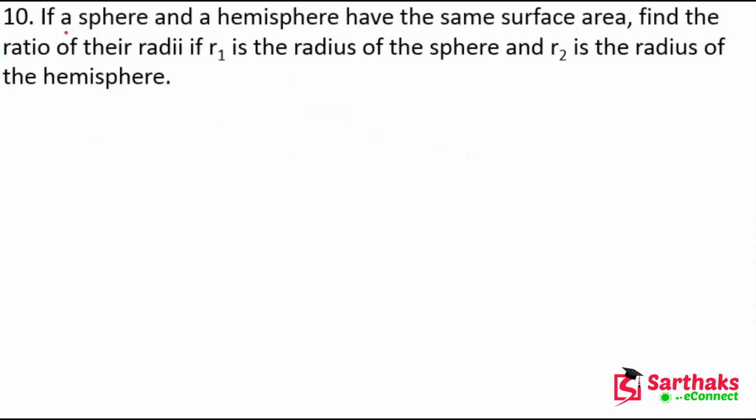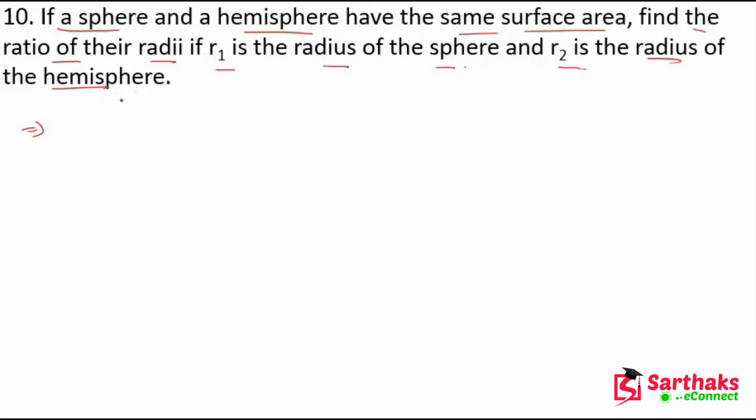Okay, the next question is, if a sphere and a hemisphere have the same surface area, find the ratio of their radii, where r1 is the radius of the sphere and r2 is the radius of the hemisphere. It is given in the question that sphere and hemisphere have the same surface area.